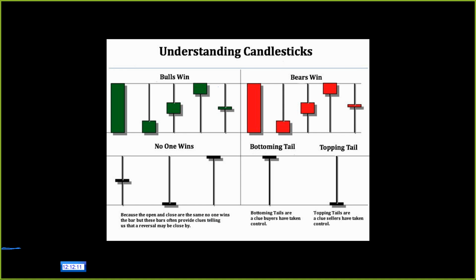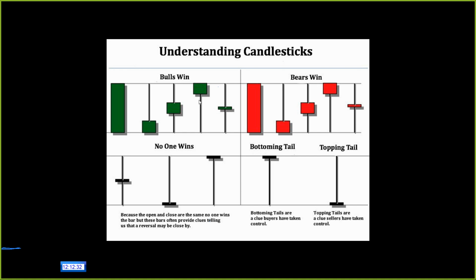They may have. You're not going to know until that next candle hits. Same thing with this. We would call this a topping tail, and that means the sellers have taken over. It ran into some resistance and it just flew down.